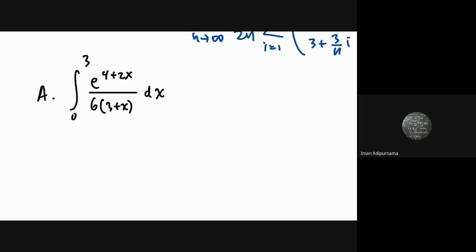Okay, so we start by using delta x is 3 minus 0 over n, or 3 over n, right?